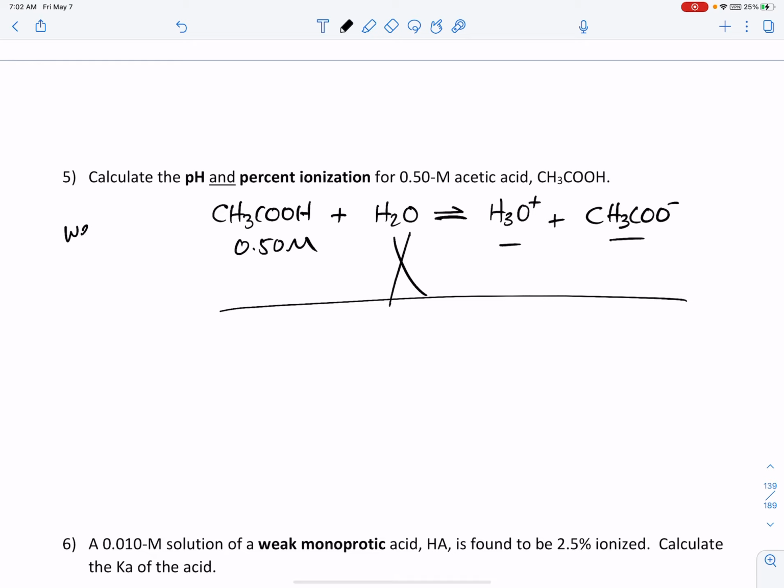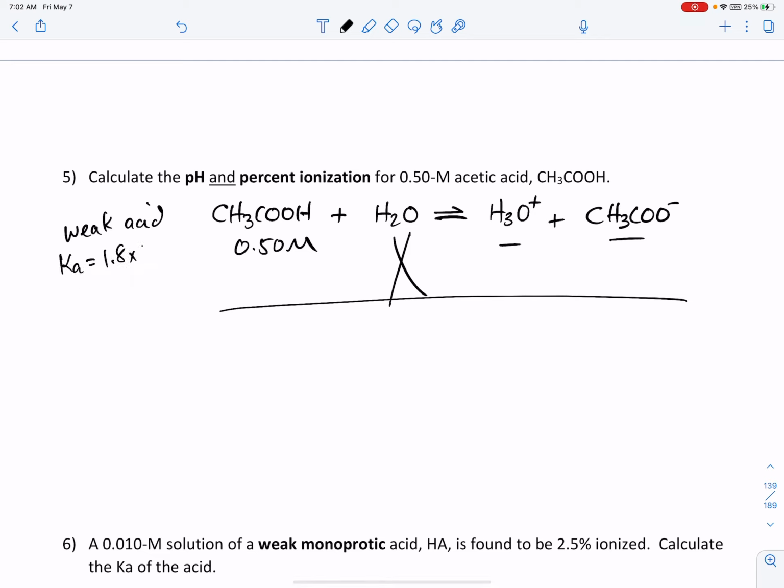Acetic acid is a weak acid. We look up its Ka value in a data booklet or in a Ka chart if you have one. The Ka for acetic acid is 1.8 times 10 to the minus 5. And that means it's not going to ionize completely, so we'll just say it loses X. The ratios are 1 to 1, so these will gain X. So we have 0.5 minus X, and these are X's.